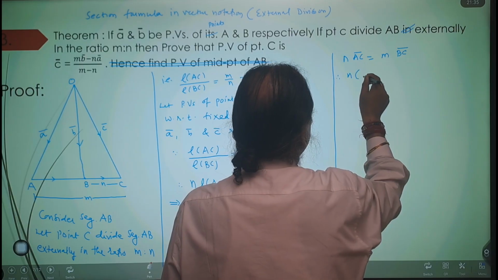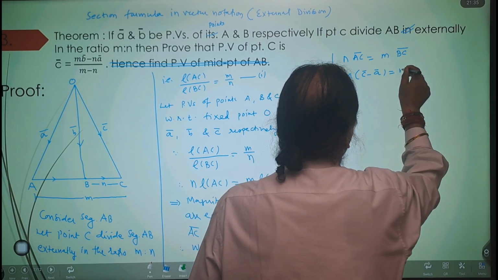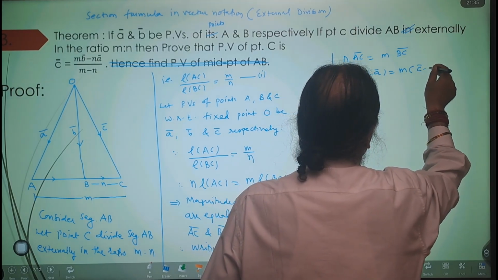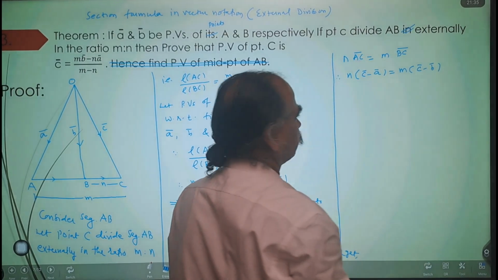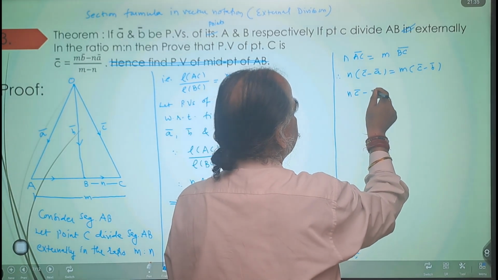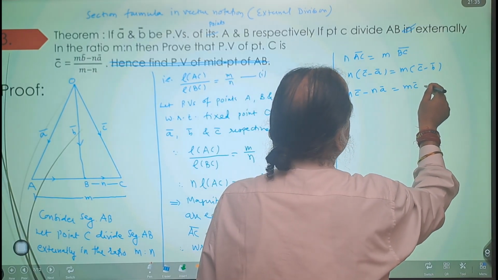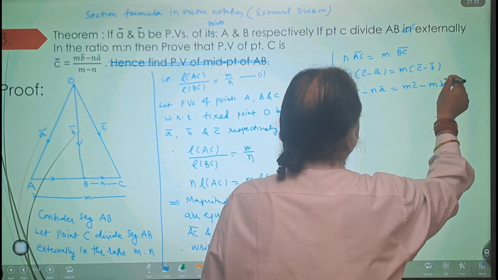So n times (C bar minus A bar) is equal to m times (C bar minus B bar), which gives n C bar minus n A bar is equal to m C bar minus m B bar.